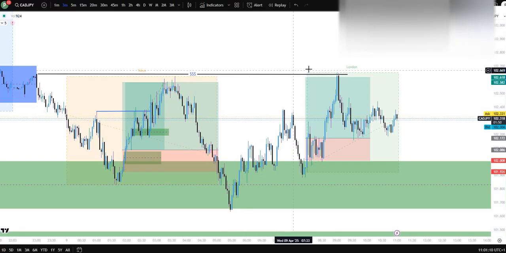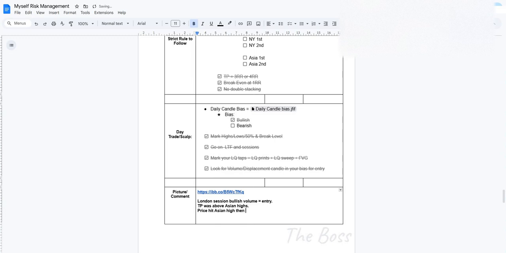Price did hit Asia high, then retraced. SL moved to break even. And price hit break even. There we go, so price did break even.